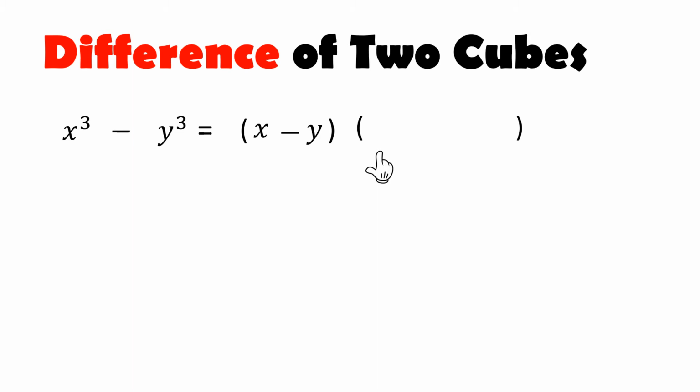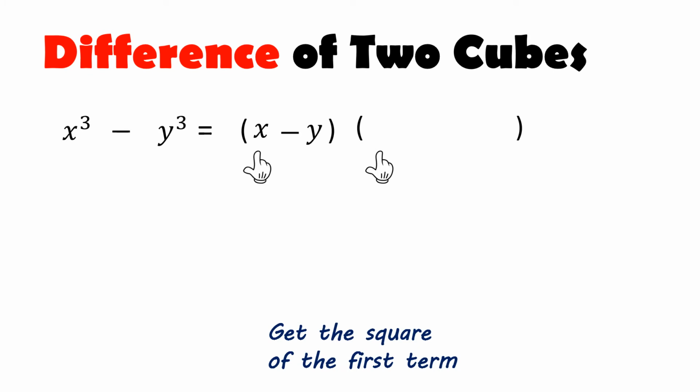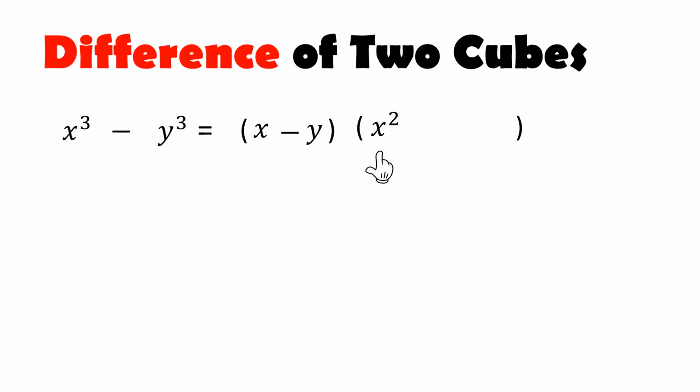Now let us consider the trinomial factor. To get the first term, you are going to get the square of the first term of the binomial, which is x. So the square of x is equal to x squared. Now, consider the opposite sign of the binomial, which is minus. So you write down the opposite sign, plus.